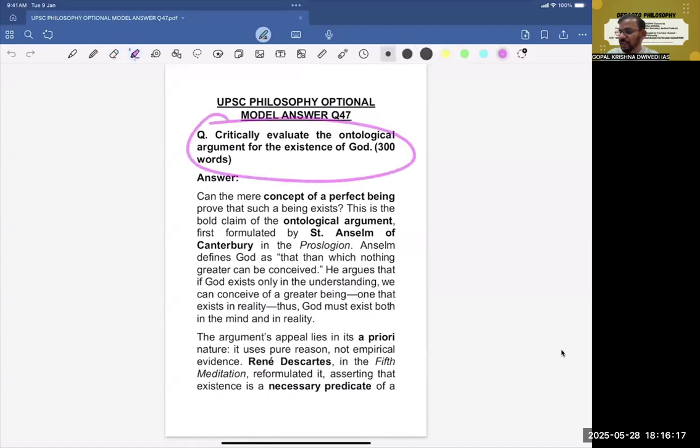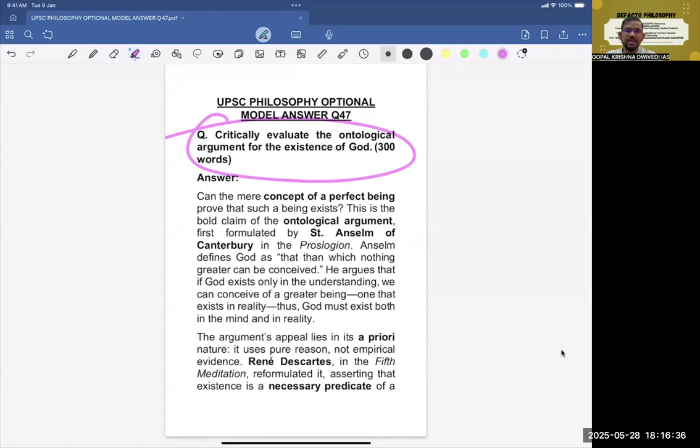Now in this question, it is already being said that you have to critically evaluate. In such questions, even if it's a simple, direct question and it's not said that you critically evaluate, still you have to write some points of criticism and some logical conclusion.